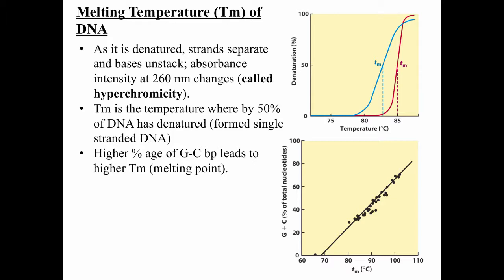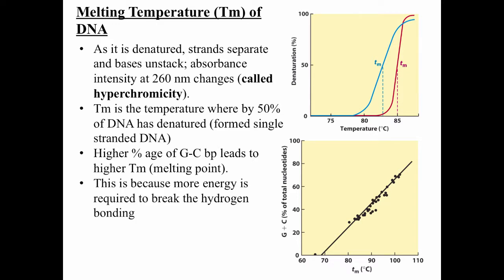If you have a higher percentage of GC, that's going to lead to a higher melting temperature, because more energy is required to break the hydrogen bonds. Why would higher GC content lead to higher melting temperatures? Yeah, because there are 3 hydrogen bonds compared to AT that has 2 hydrogen bonds.